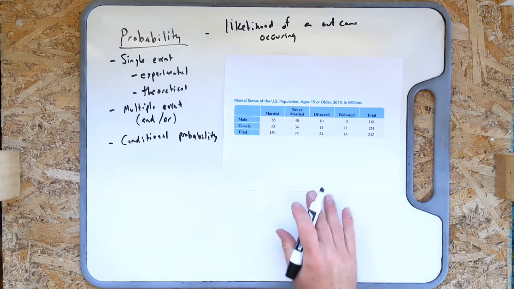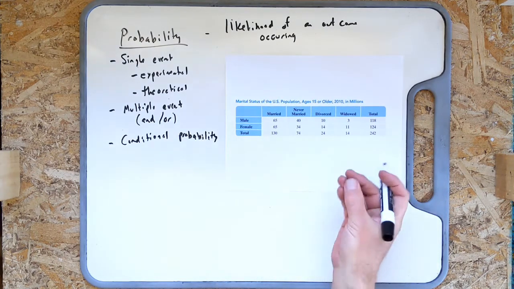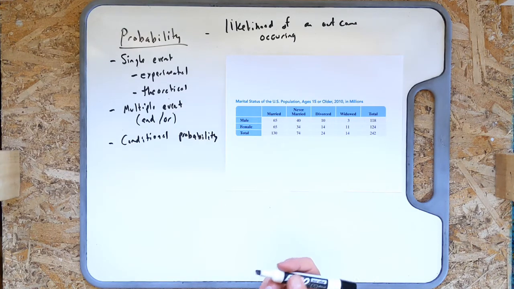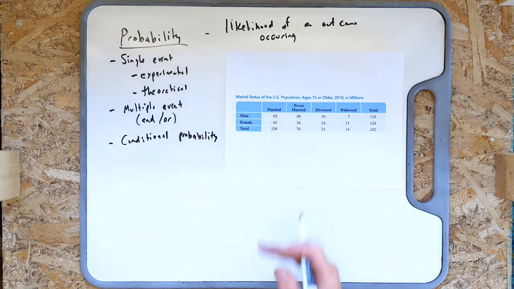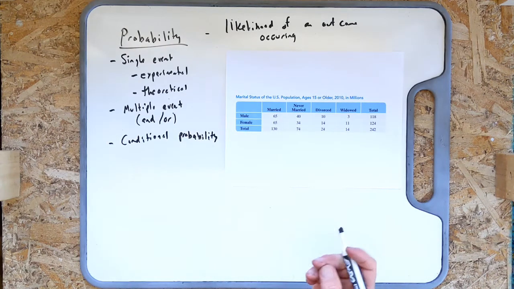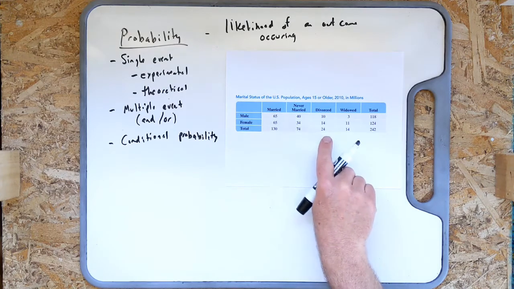Okay, so here's data just collected again. And if I picked one person randomly from this, what is the probability that the person is divorced? By the way, these are extremely common SAT-like problems. They give you these tables and ask probabilities. So what is the probability that they're divorced if I just pick someone randomly? Well, you go to the table, it says divorced.